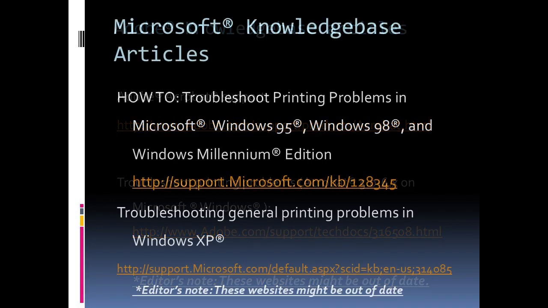Here are two Microsoft Knowledge Base articles that will help you. The first is How to Troubleshoot Printing Problems in Microsoft Windows 95, Windows 98, and Windows Millennium Edition. That can be found at http://support.microsoft.com/kb/128345.